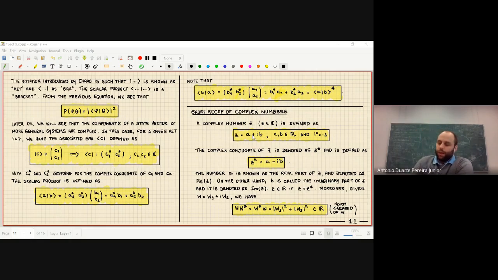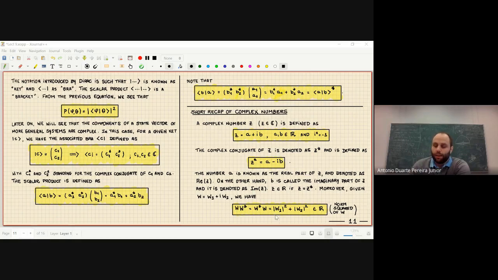Okay, good. And now we can define the following. If we have a complex number w with real part w1 and imaginary part w2, I can compute the product of w with w star. This is the same, of course, as w star w, since I can commute these numbers.